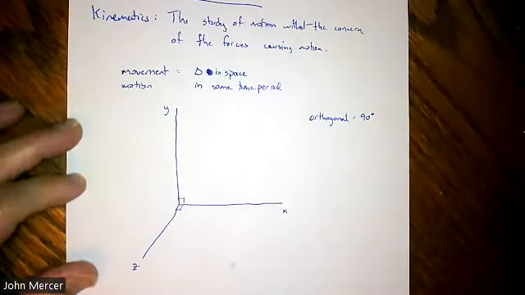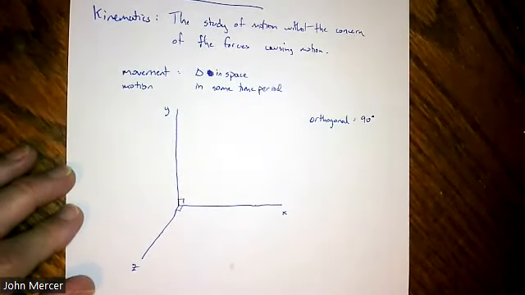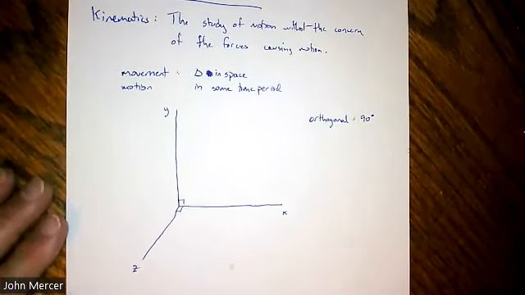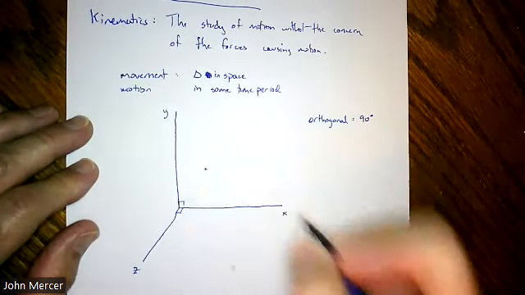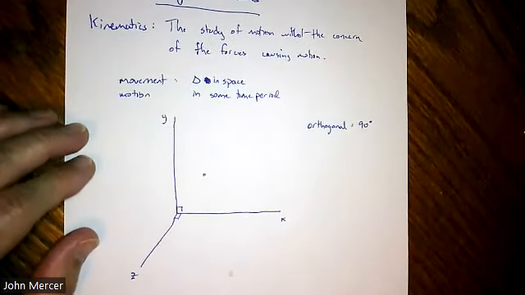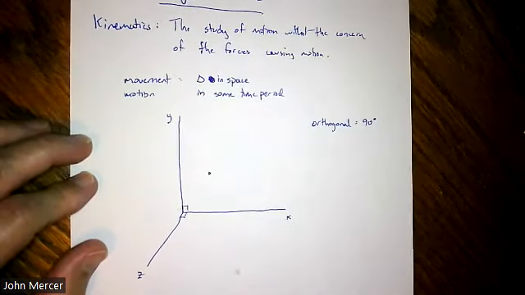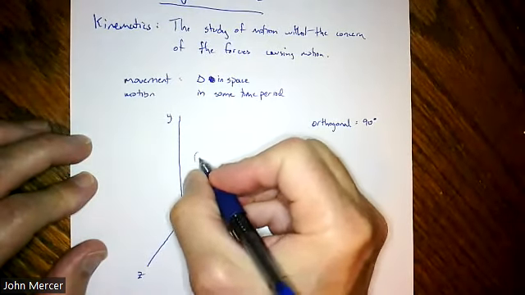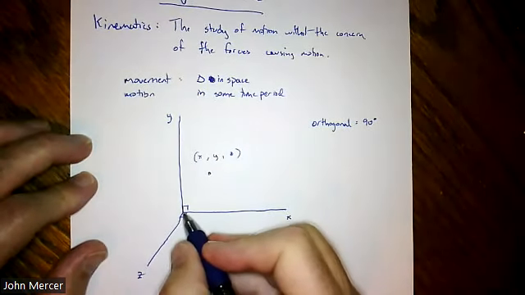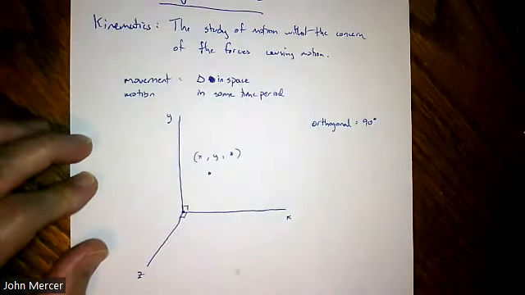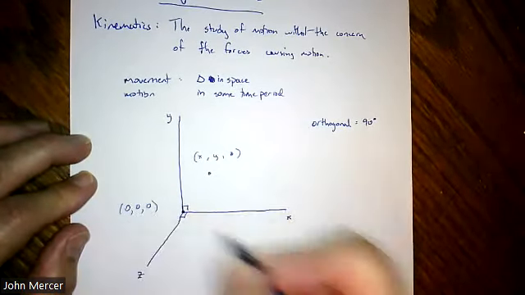Now it's a little tough to draw 3D on a 2D piece of paper, but the Z axis is in essence coming out at the camera. And if we have an object that we're tracking in space, we would put a dot there to represent that object. And then we could describe the location of that object using our three coordinates, X, Y, and Z. And I would identify where those three axes come together as the origin, or 0, 0, 0.